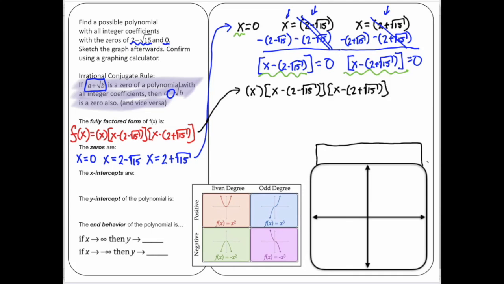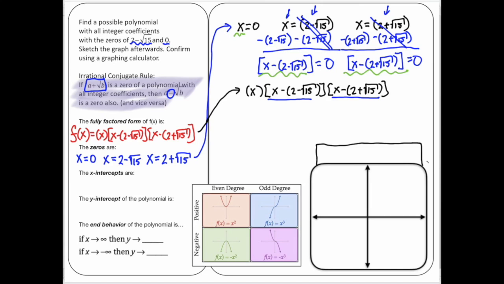Okay, and what we want to do is attack these guys first, multiplying them out. It's almost like a FOIL inside a FOIL, okay? So let's see if we can get this thing all worked out nicely.